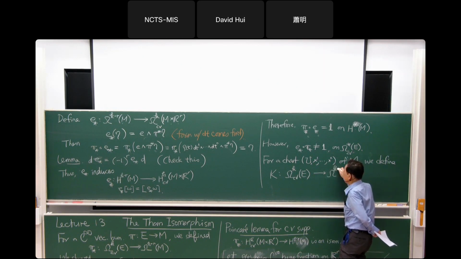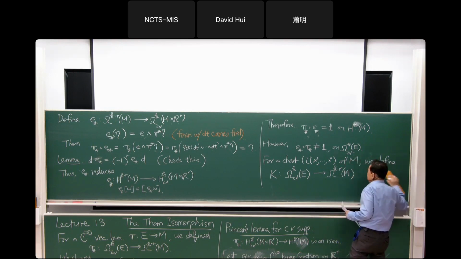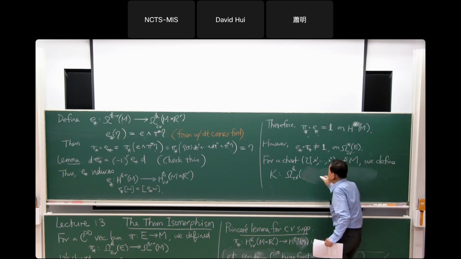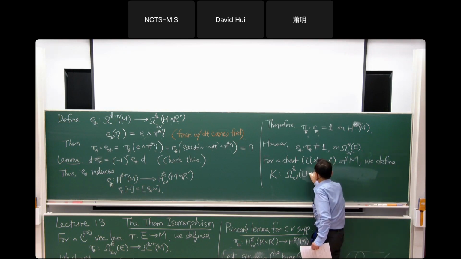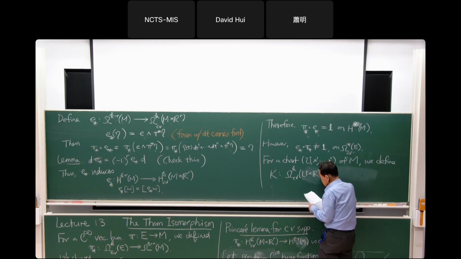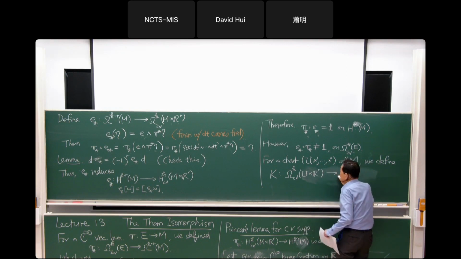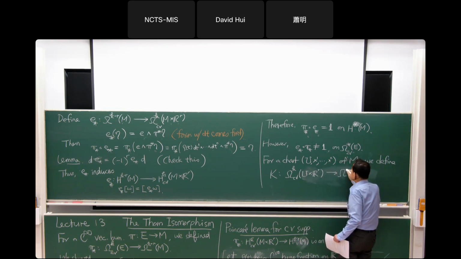k minus r of M, right? I think. No, just a minute. We are over a chart. So over a chart, we have a product bundle. So U cross R^R to, let's see, Ω^(k-R) with compact vertical support of U cross R^R.